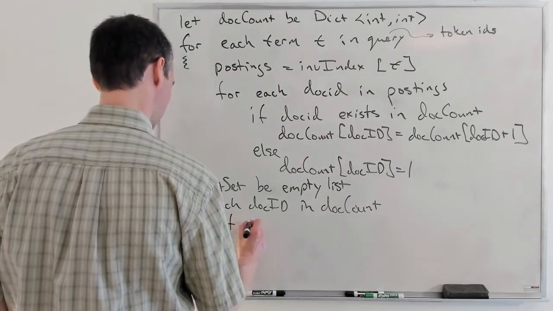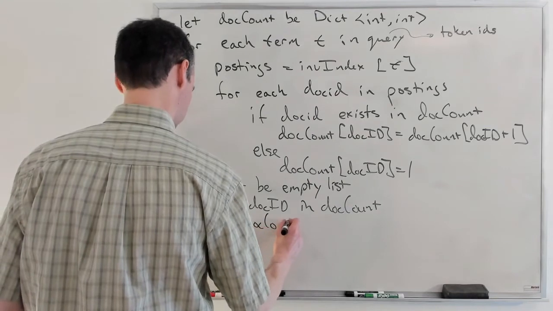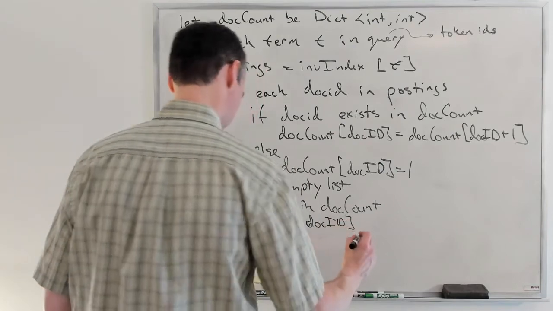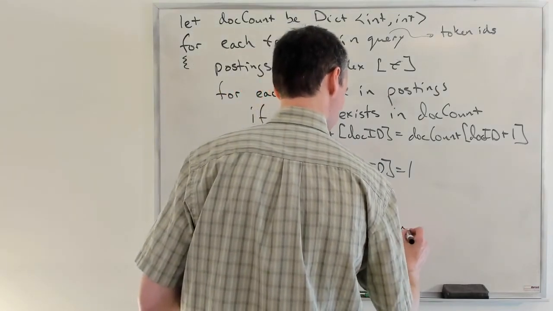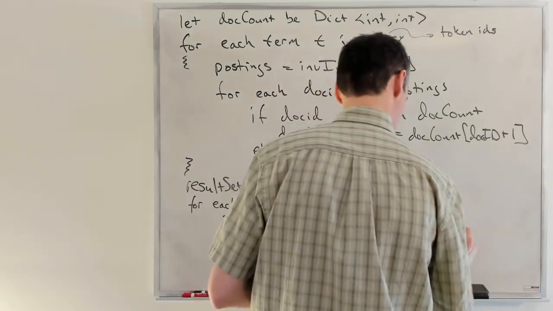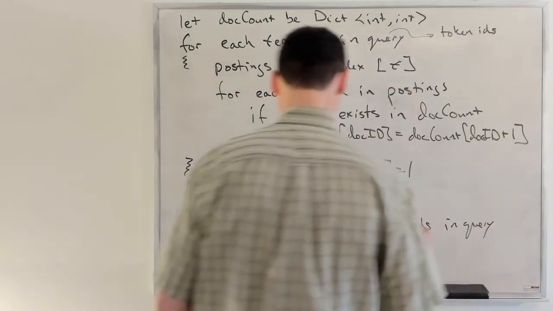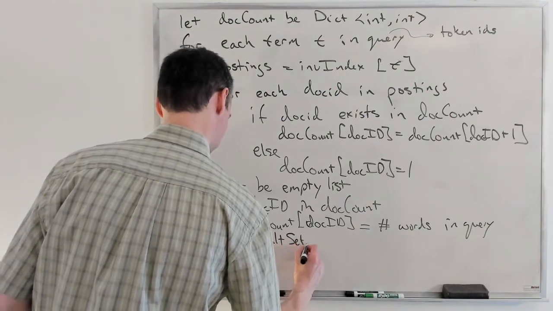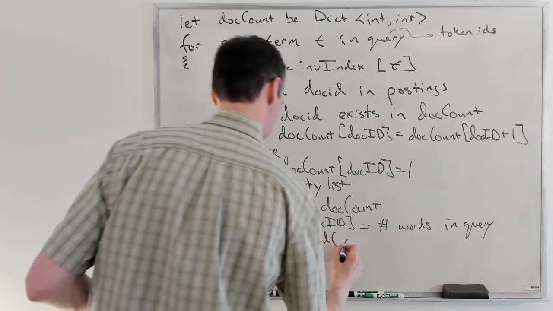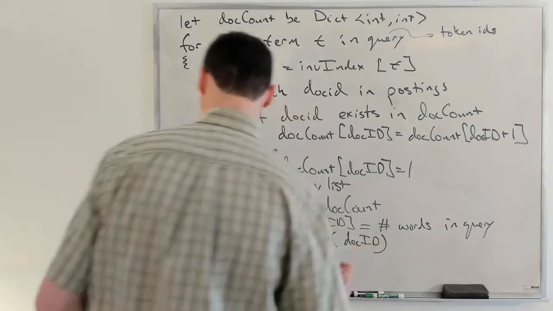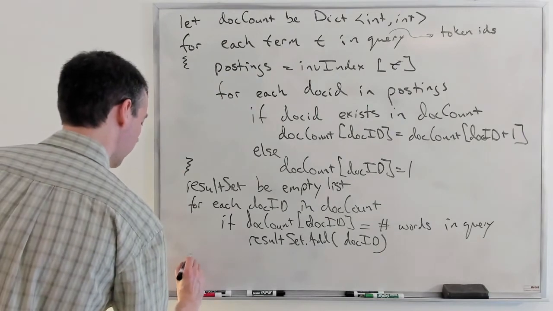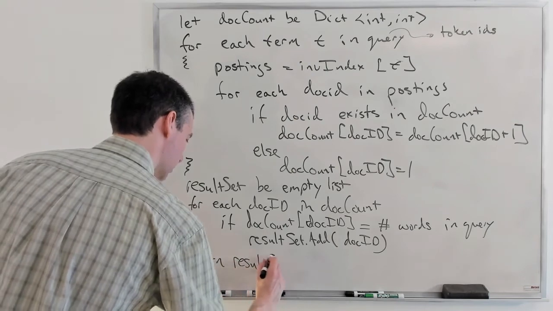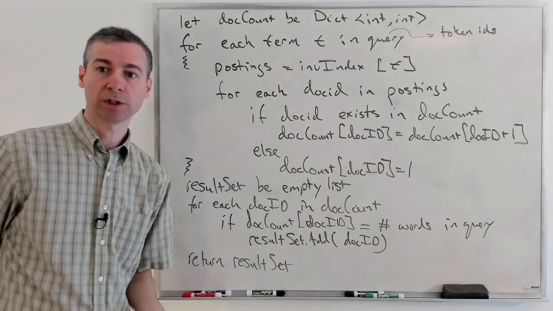And so then we ask, well, if the doc count of doc ID is equal to the number of words in the query, then we're going to add that document to the result set. And then we'll be done after we go through that loop, and we can just return the result set as the result of our Boolean retrieval.